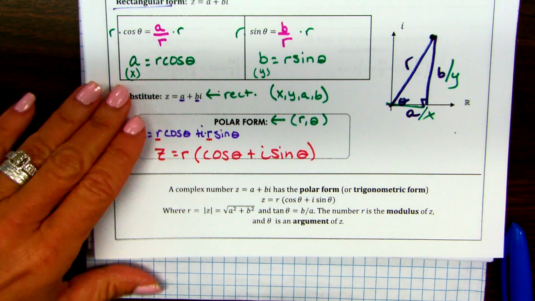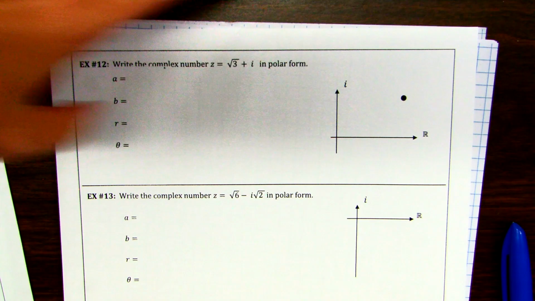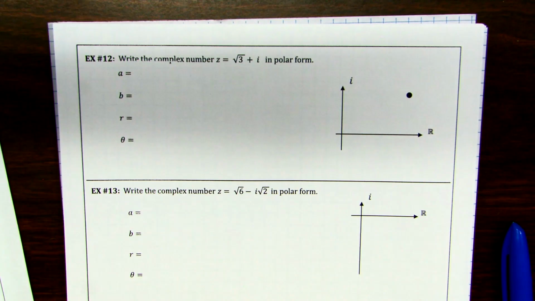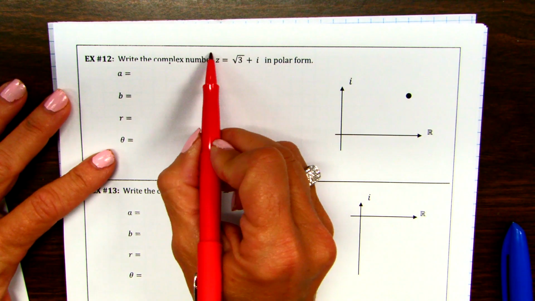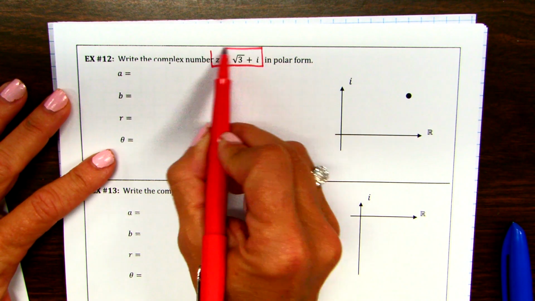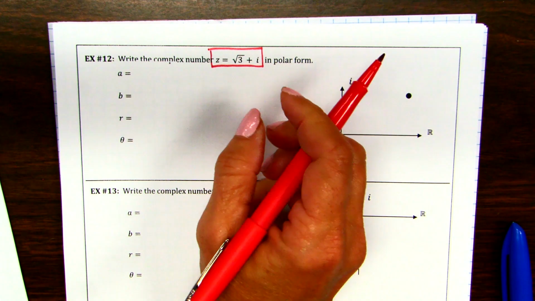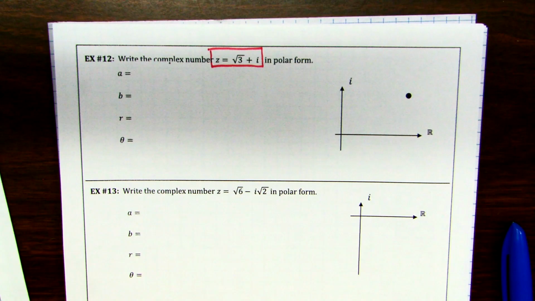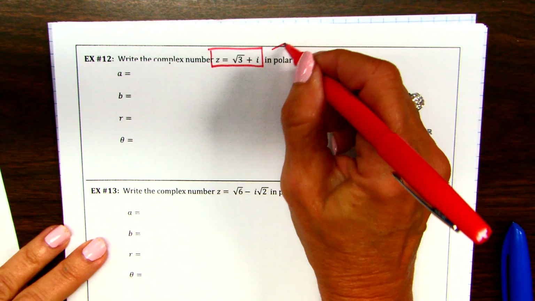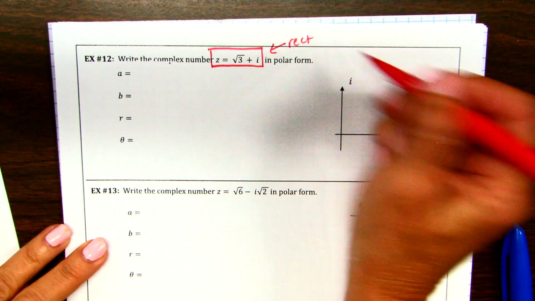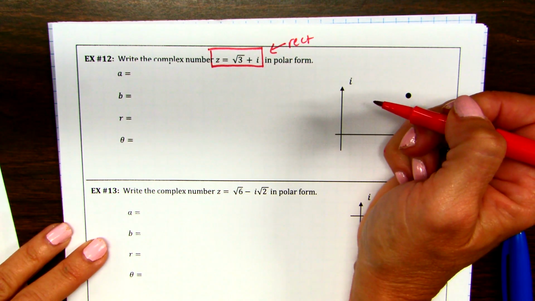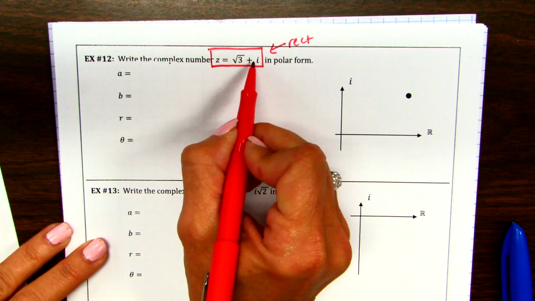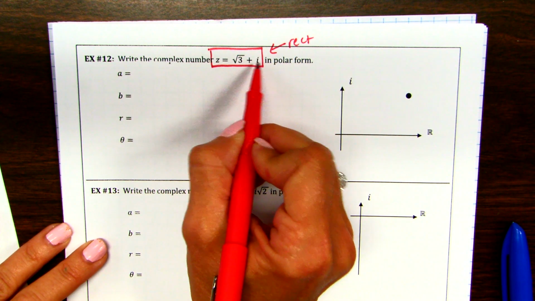Let's go to example 12. All right, so we are given a complex number. Review: complex just means it's got an I in it. This is clearly rectangular, with an A and a B in it. And we're going to write it in polar form.